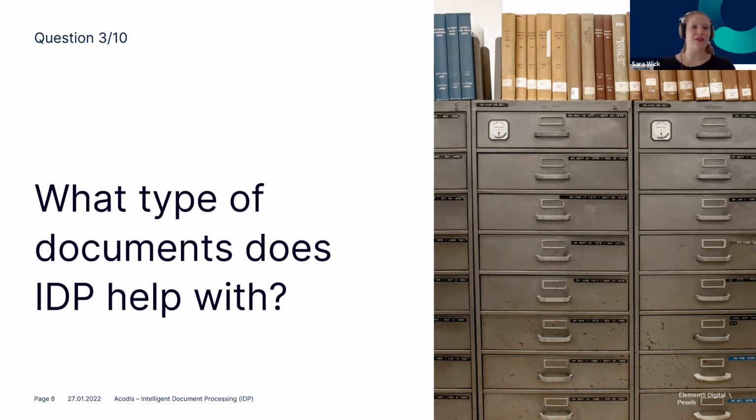We have clients where we process contracts, but we also have clients where we process purchase orders, for example, or customs documents. Whenever you want to bring goods into Switzerland, you need to declare it at the customs, and it's a lot of documents and it needs to be correct, and it's very tiring to do it manually.